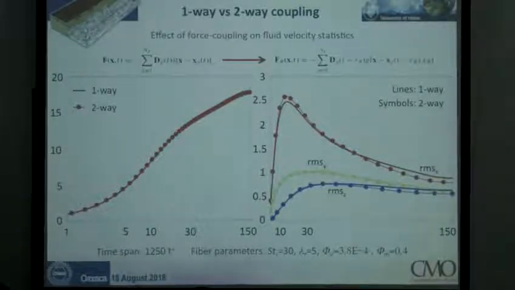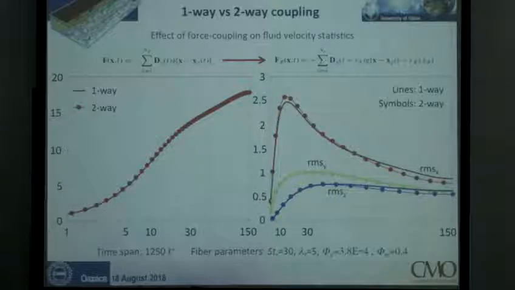These are results referring to the fluid velocity statistics, mean and RMS, within a time span, in time units, which is the one required for the flexible fibers to reach a steady state for concentration along the normal direction. And these are the details about the volume fraction and the mass fraction. Here we are considering the fibers with highest inertia, because these are the ones expected to give a stronger feedback to the fluid.